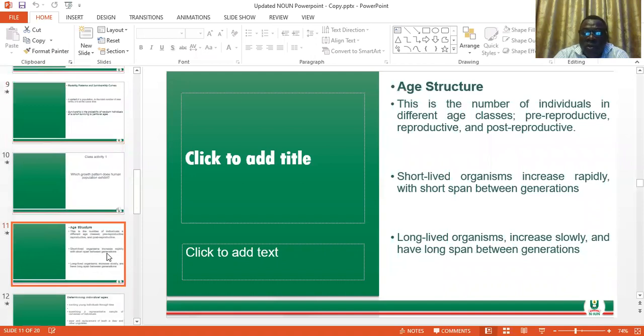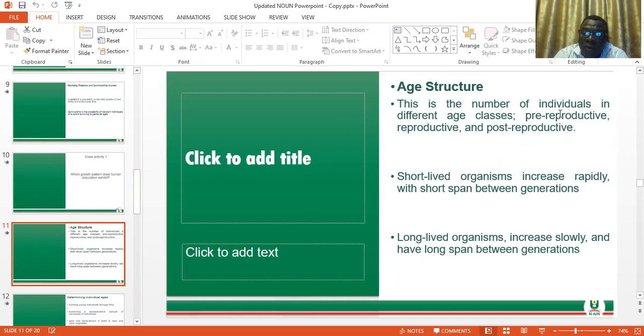Then we'll talk about the age structure in the population. There is a number of individuals in different age classes. We'll talk about the pre-reproductive, reproductive, and post-reproductive. Age structure is determining if the population is declining, stable, or increasing.